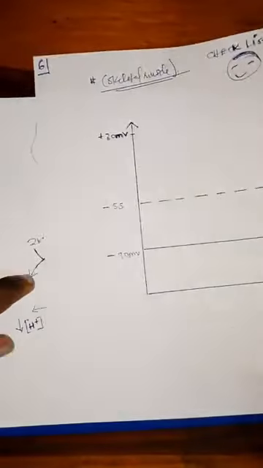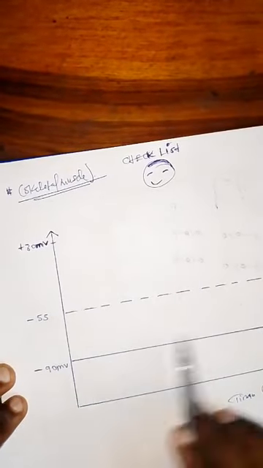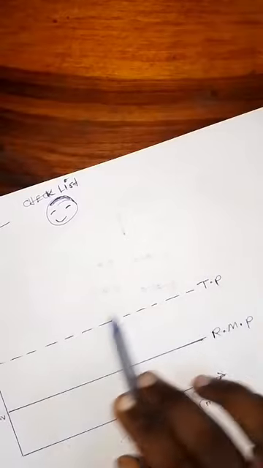Let me show you from the sketch. This is the skeletal muscle. Let me show you this graph. This is the resting membrane potential. This is the threshold potential.